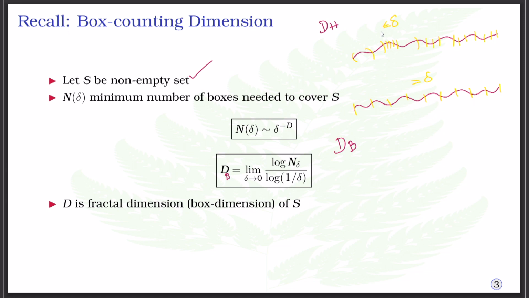Then we are using the power law relation and obtaining the Hausdorff dimension as well as the box counting dimension. Then we are assigning some number to the set and we are saying that number gives the box counting dimension for the given set, and that number gives the Hausdorff dimension for the given set S. Now you can consider this scenario.